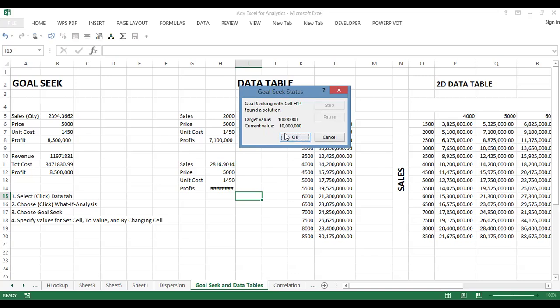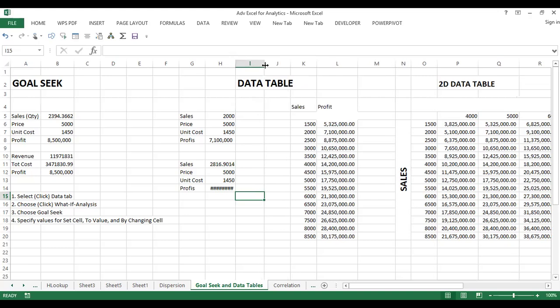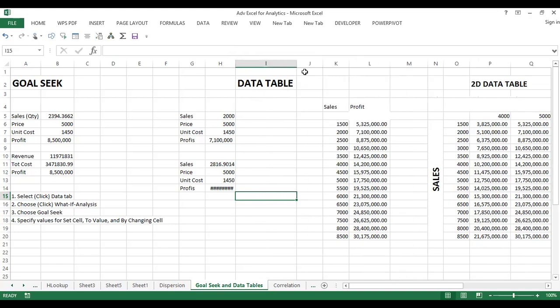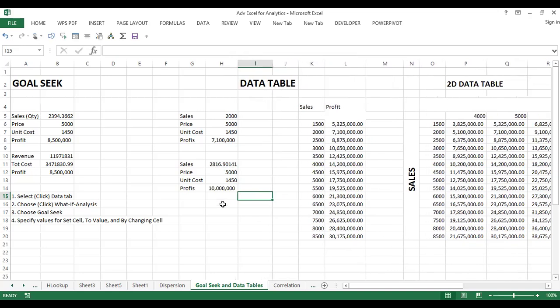Do you think it has worked? You see, current value is 10 million. Target value 10 million. So let's see if it works. So you see, it has changed the value of sales. Now to achieve profit of 10 million, we have to achieve a sales of what?